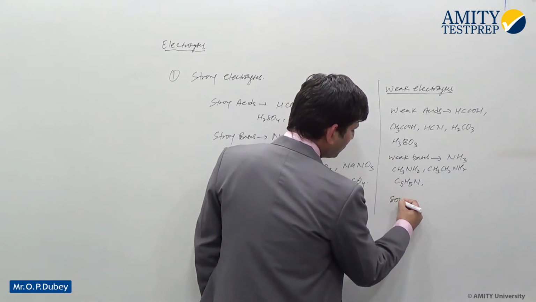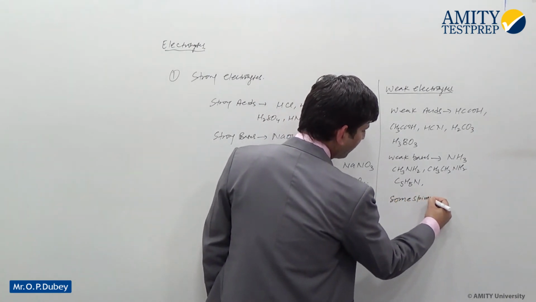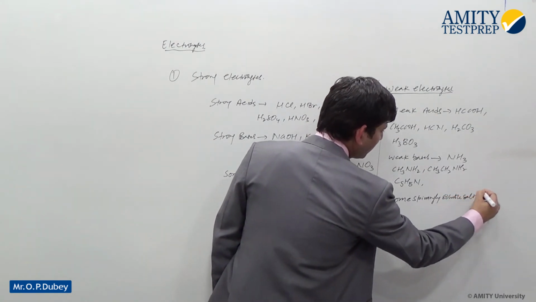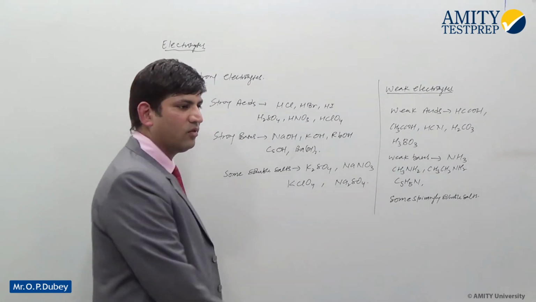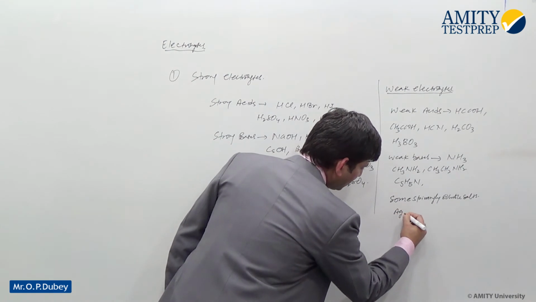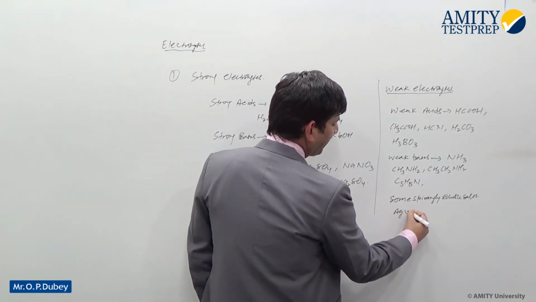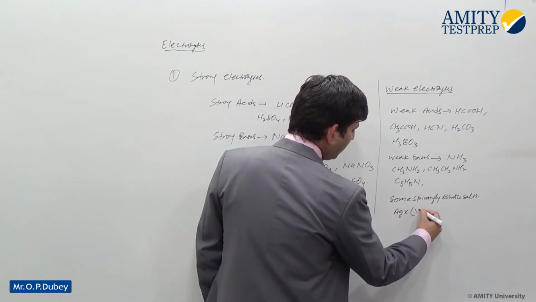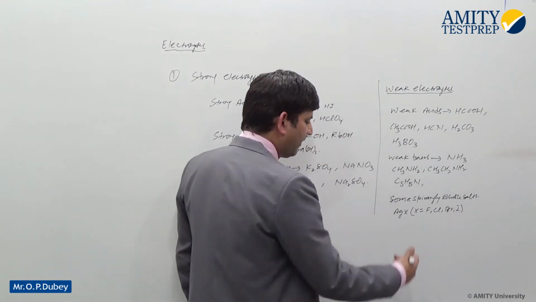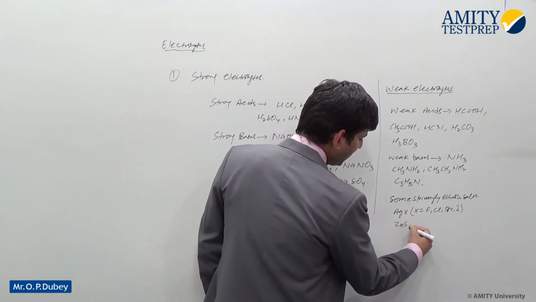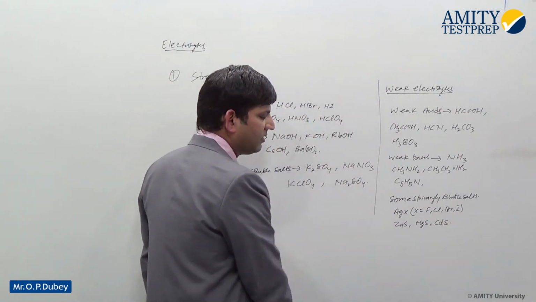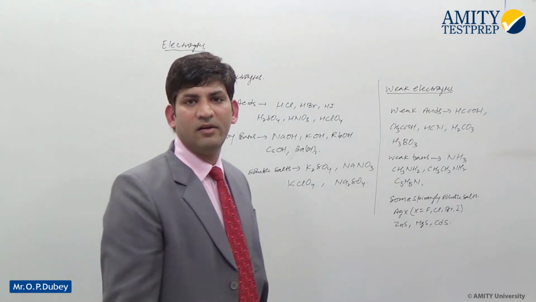And some sparingly soluble salts are also weak electrolytes, which do not ionize or dissociate 100%, for example the silver halides like AgX, where X is fluorine, chlorine, bromine, iodine. Some sulfide salts like ZnS, HgS, CdS are sparingly soluble salts which do not ionize 100%.